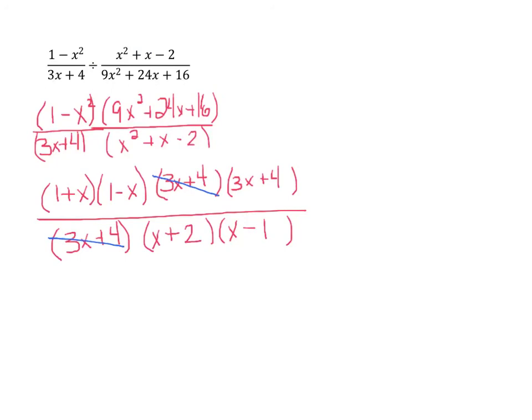So what I can do is factor negative 1 out of here, and then I can turn this one into 1 minus x. Now, these will cancel. When I rewrite this, that negative 1 can go in the numerator or the denominator. It ends up just being negative.